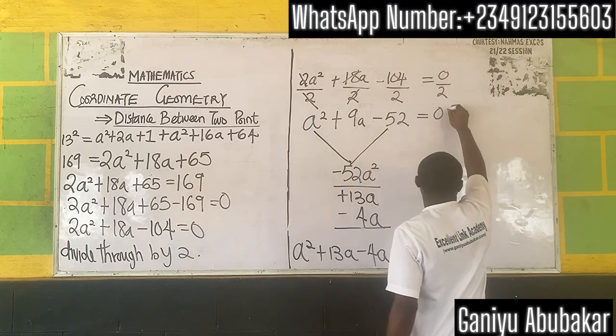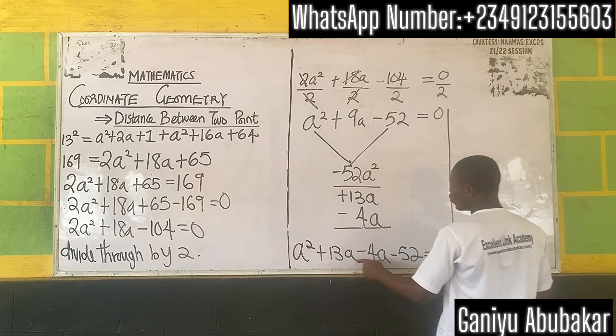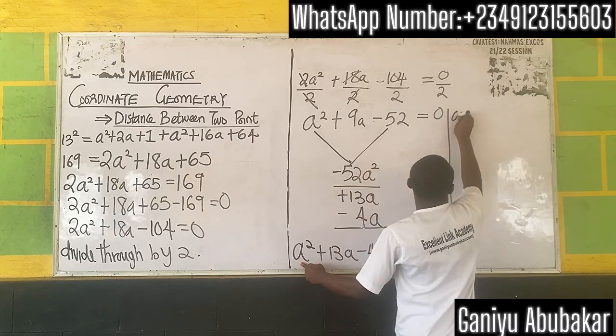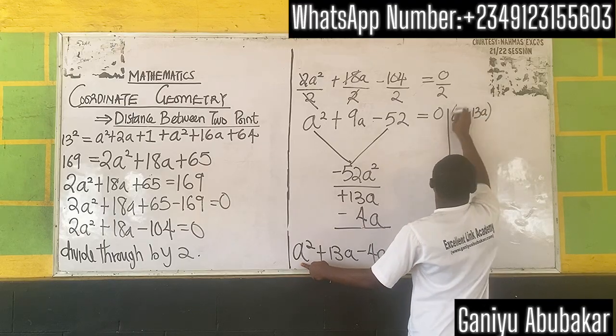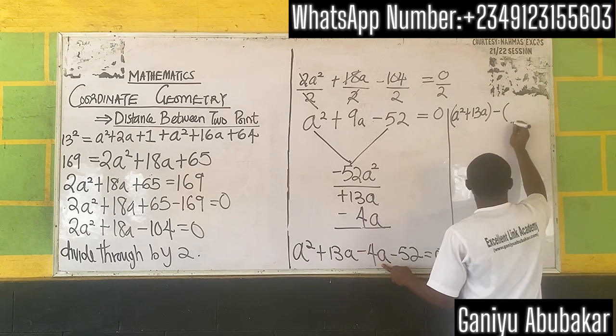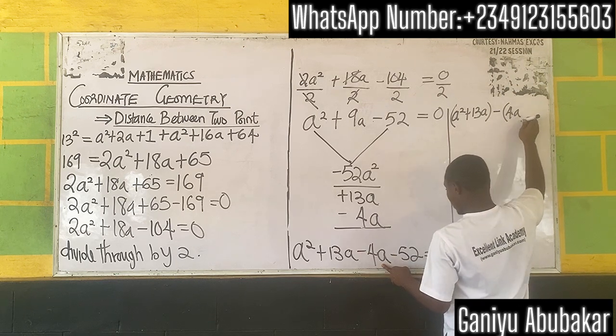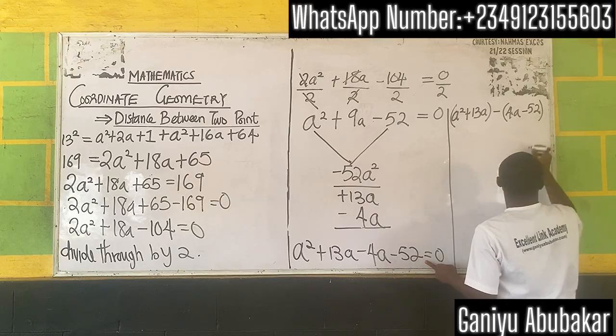All right, let me just divide this part here. So we said group them in twos. That gives you a squared plus 13a, right? So minus into this one gives you 4a minus 52, right, equals 0.